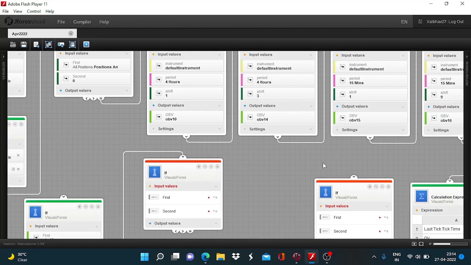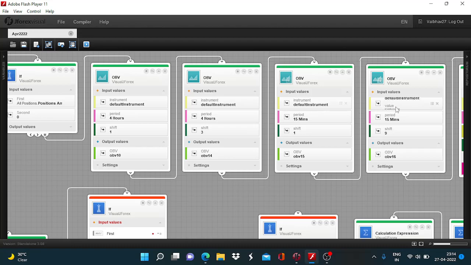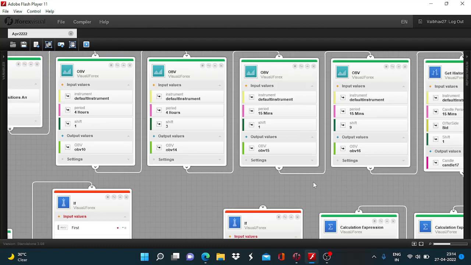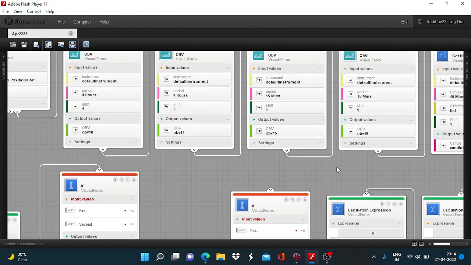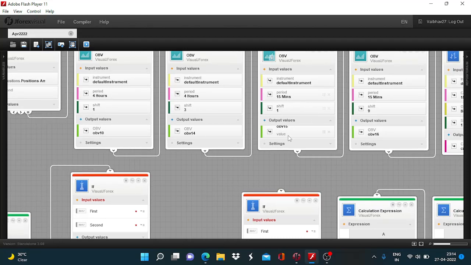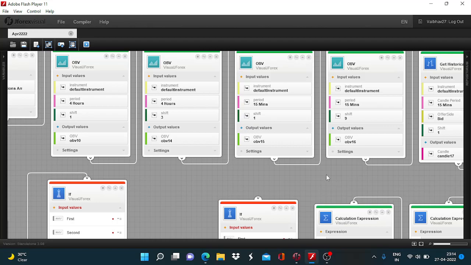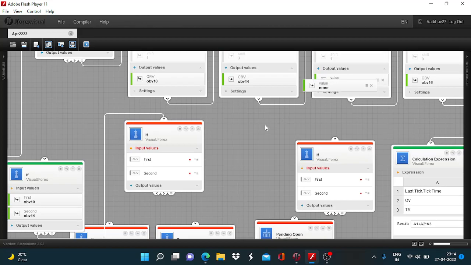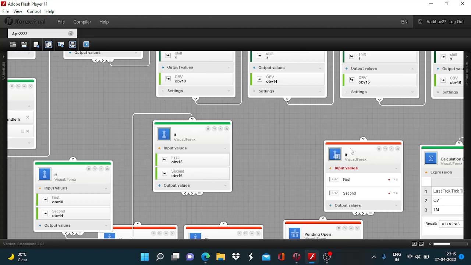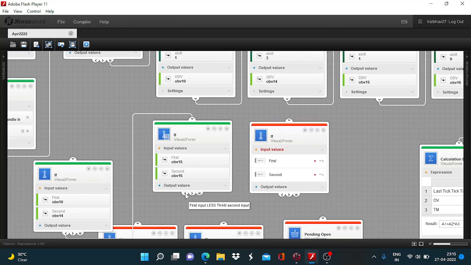Then we consider the 15-minute candle OBV data, and here the OBV output of the OBV 15 should be in decline. So we need OBV 15 to be lower than the OBV 16. First input less than second input.